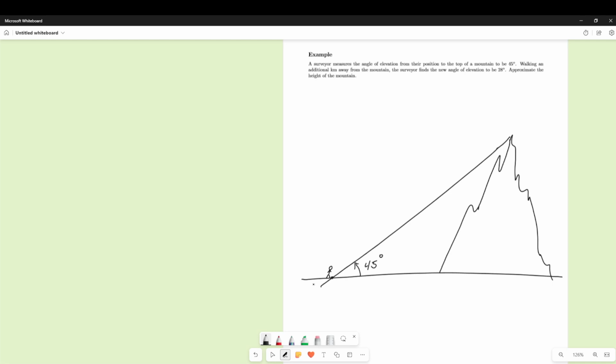Walking an additional kilometer away from the mountain, so go an additional kilometer away, 1 kilometer from the mountain. The angle of elevation is now 28 degrees.